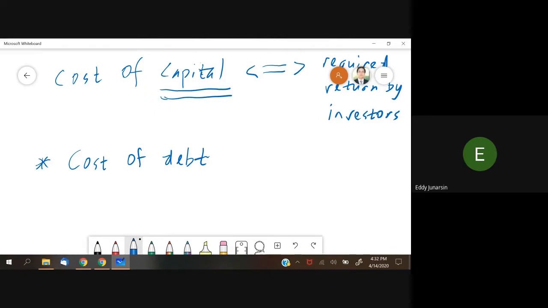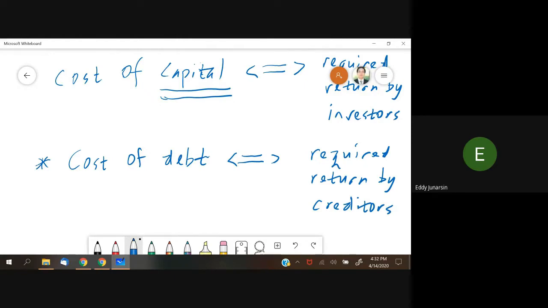So cost of debt, so it's supplied by who? Of course, it's supplied by creditors, right? So by the same token, we can say that cost of debt is the required return by creditors, right? So we borrow money from the creditors, right?